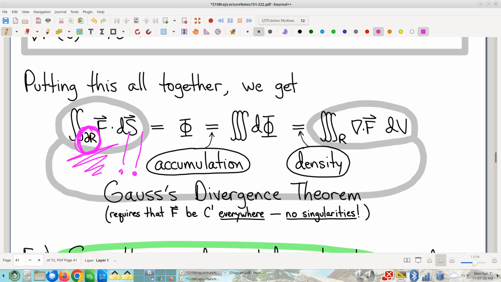Gauss's divergence theorem only applies if you're talking about a boundary, because the specific rules and conventions that we set up for how boundaries work and how orientations work are why we've got that cancellation that made it an accumulating quantity in the first place. The whole thing rests on it being a boundary.